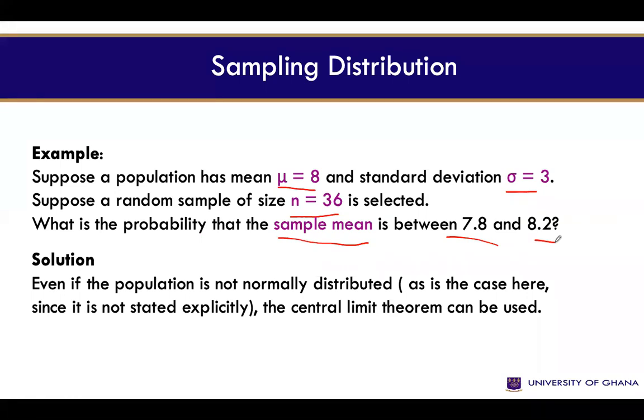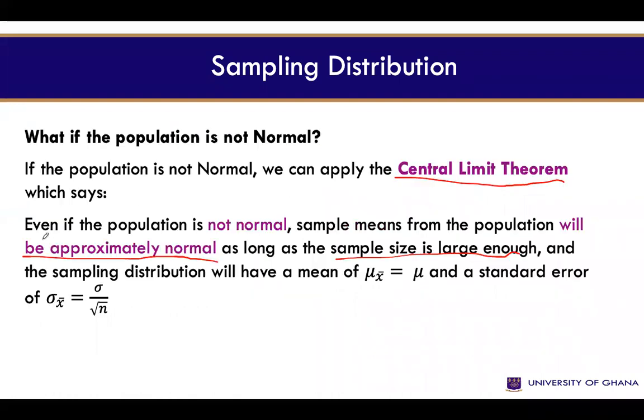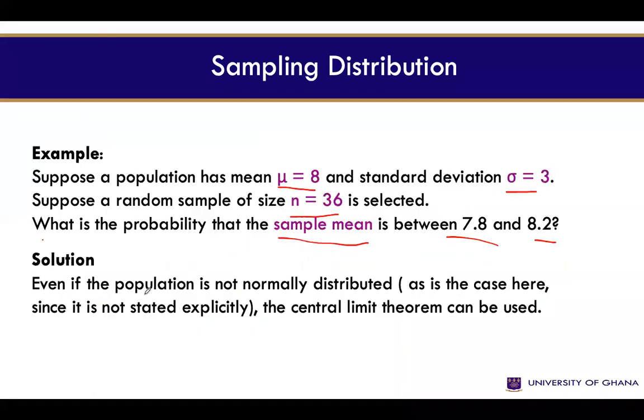Now, we didn't mention whether the population has a normal distribution or not, right? But we've seen that the sample size is large enough. So what it means is that we can approximate using the central limit theorem. From the central limit theorem, the mean will still be mu, and the standard deviation will still be sigma divided by the square root of n.